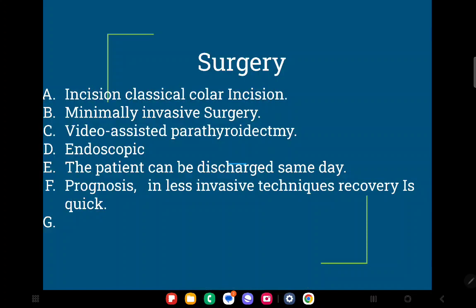If the drop is 50% or more, that means the removal is complete. If the parathormone is still high, that means you have to do more surgery, you have to do more identification of the glands.